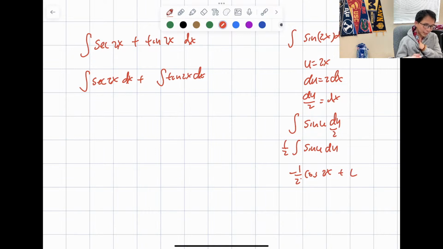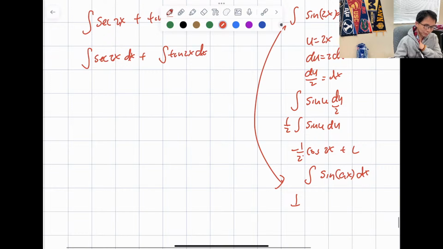But it's possible to skip it all in one step. Because if you have integration of any trig function of ax, dx, you always end up with 1 over a in the front. Does that make sense? Because that 1 over a is going to take a derivative. That 1/2 is going to float in the front.